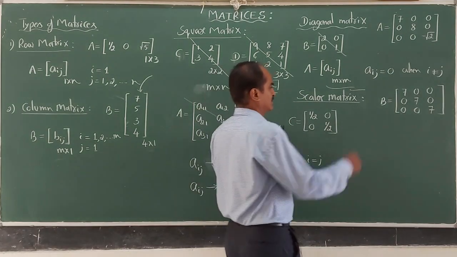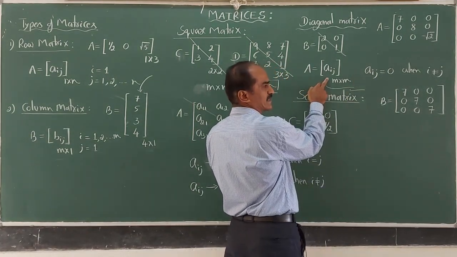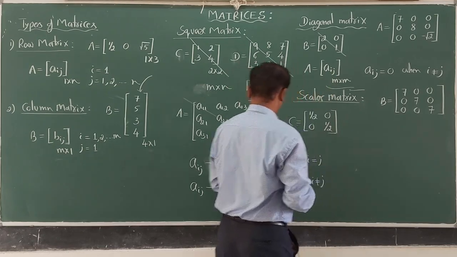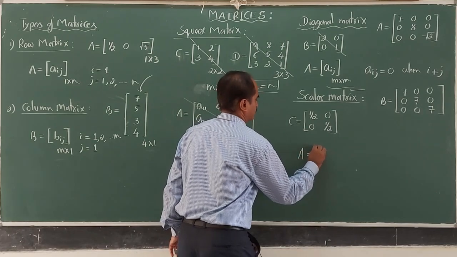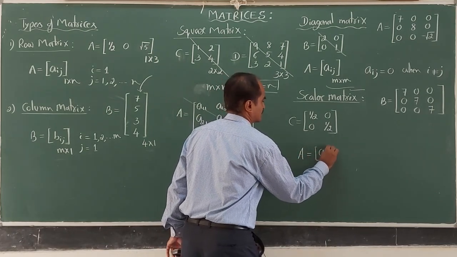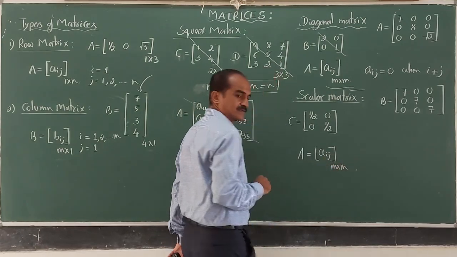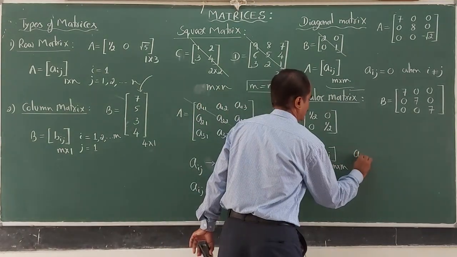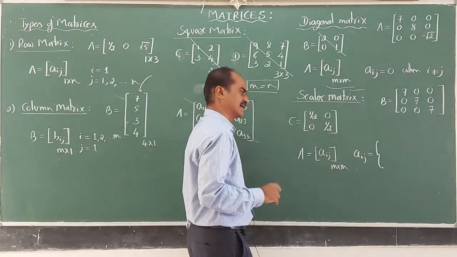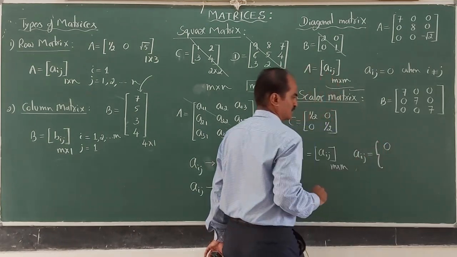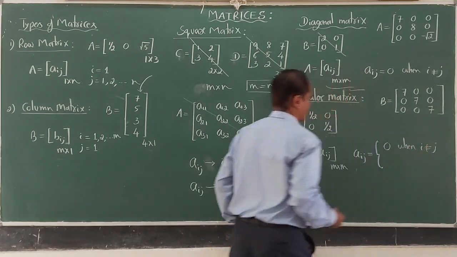In general, in symbols, how can we write? Matrix A whose entries are Aij. It is a square matrix and elements of the square matrix are given by Aij equal to 0 when i is different from j.